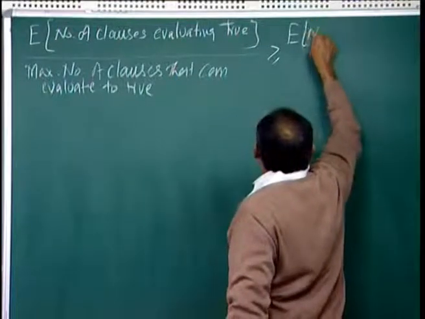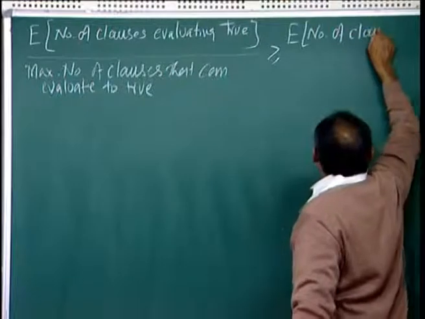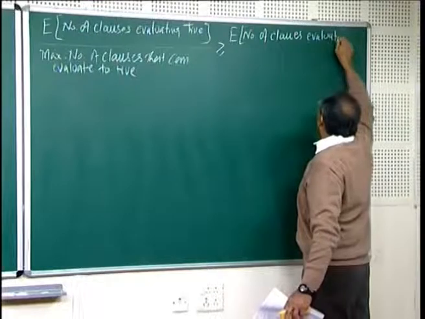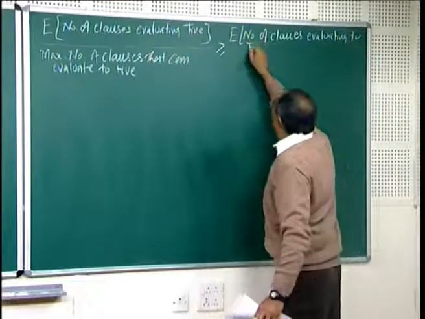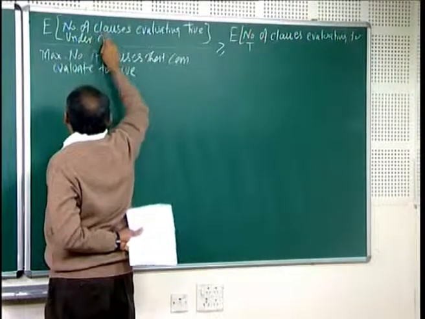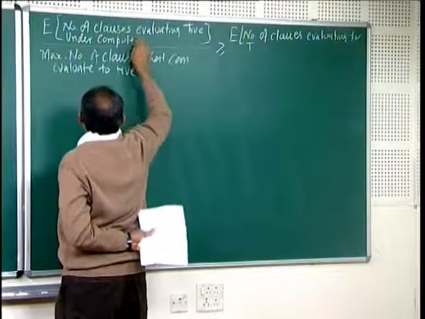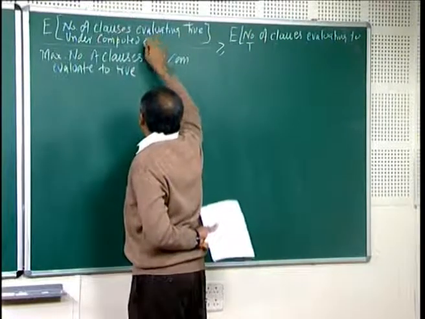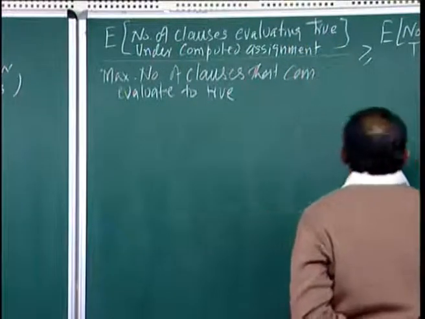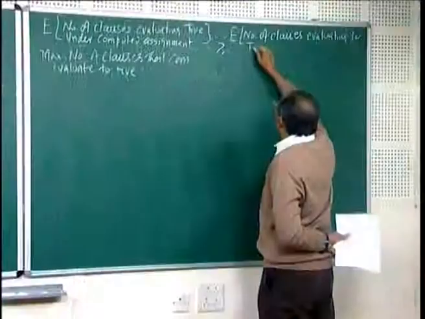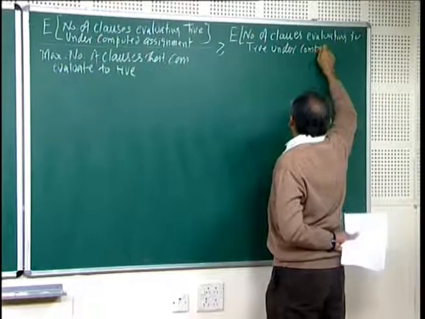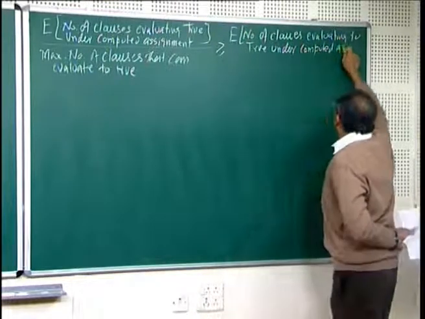the expected number of clauses evaluating to true under the computed truth value assignment.